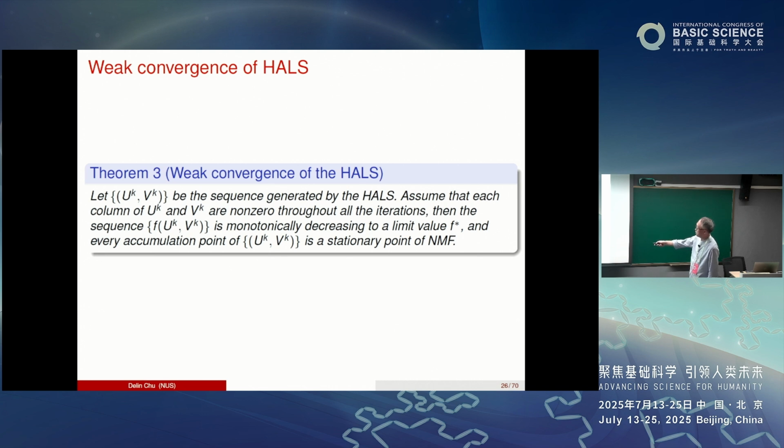Then the sequence F(U^k, V^k) is decreasing, converging to a limit value F star, and every accumulation point of the sequence (U^k, V^k) is a stationary point of the non-negative matrix factorization problem, also a KKT point. This is called weak convergence.